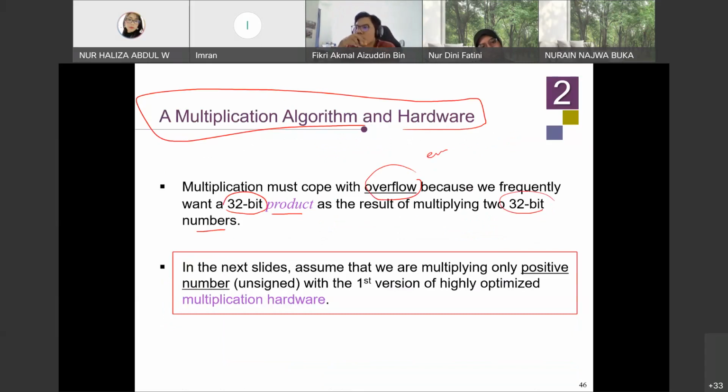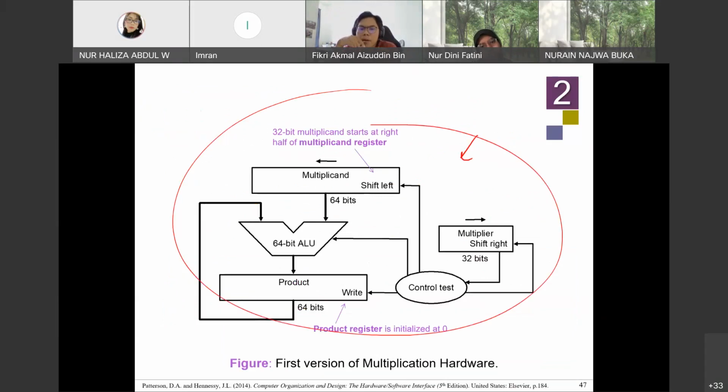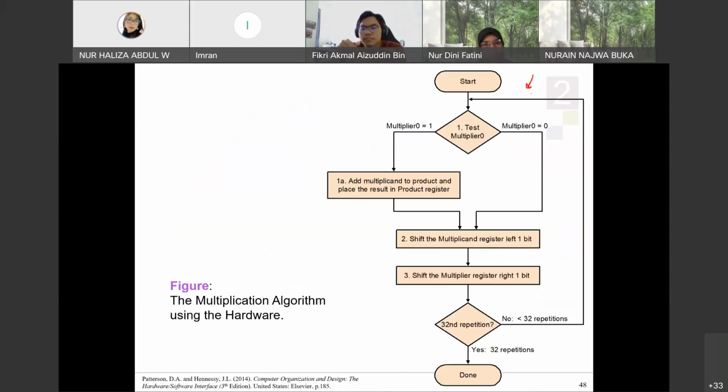Okay, now I show you just now. No need for you to remember this, okay? You need to know the name of the algorithm. The name of the algorithm is what? First version of multiplication hardware. But you need to remember this flowchart.